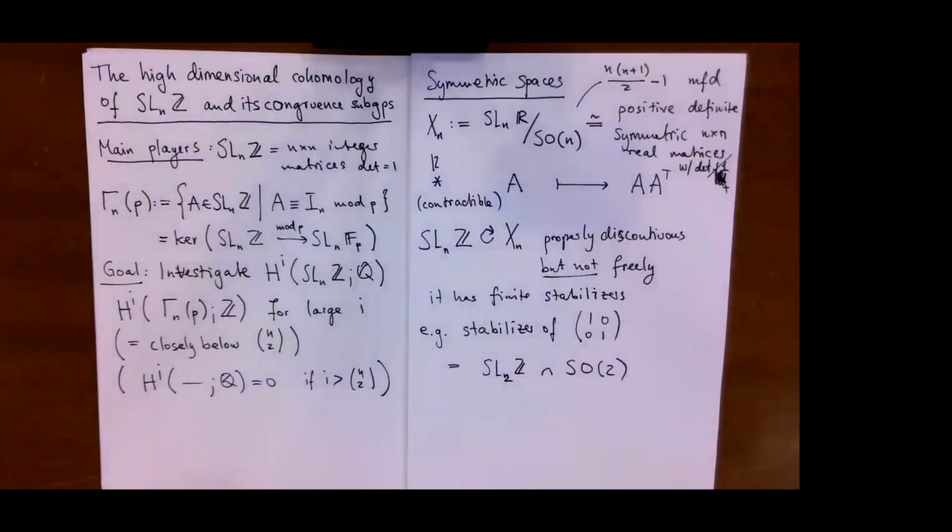Now, what matrices in SL2Z are actually orthogonal? Well, in an orthogonal matrix, you have to send the standard basis to vectors of length 1. What integer vectors have length 1? Yeah, you can only have the standard basis vectors, which have length 1.